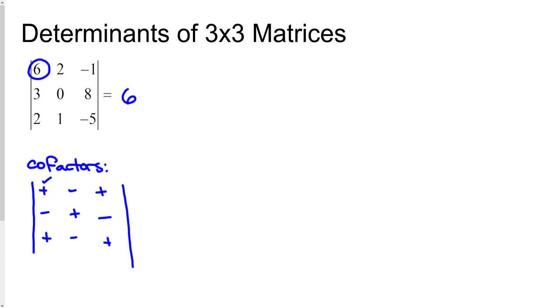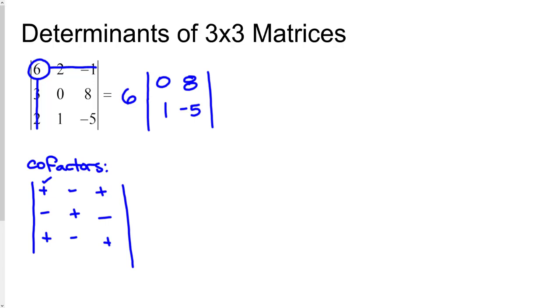All right, now I cancel out everything in that corresponding row and column, which leaves me with a 2x2 matrix. And I multiply this 6 by the determinant of that 2x2 matrix. Okay? Now, straighten that up a bit.